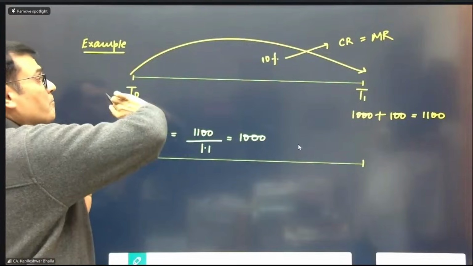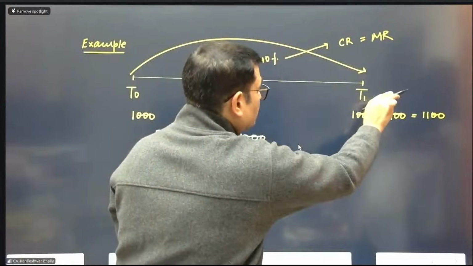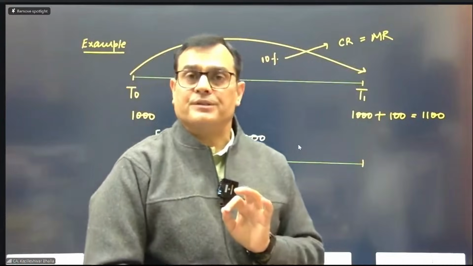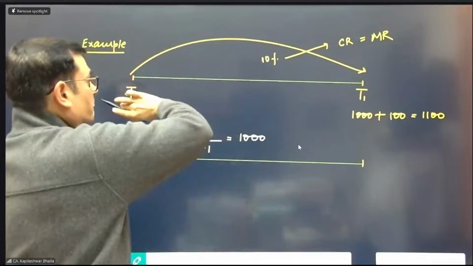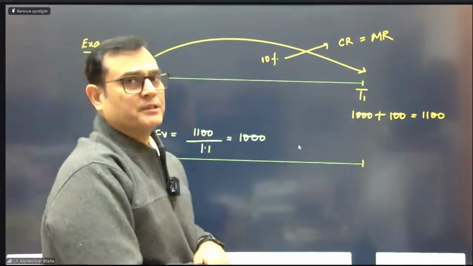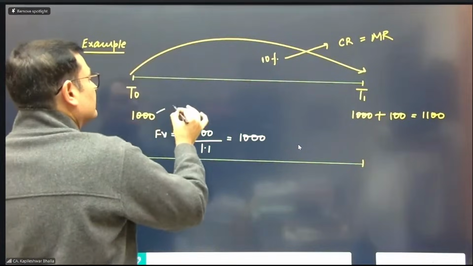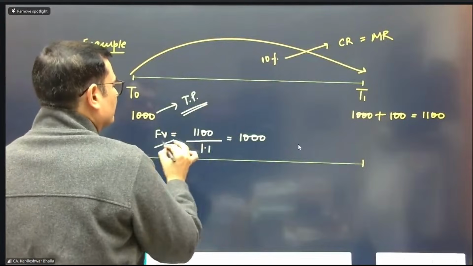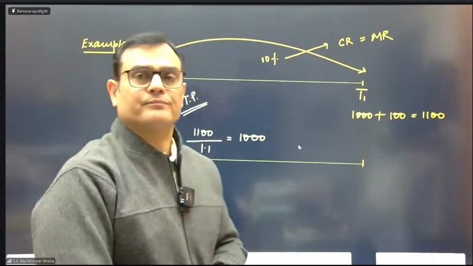Since the compounding took place at 10% and the discounting took place at 10%, you can see the transaction price and the fair value are the same.